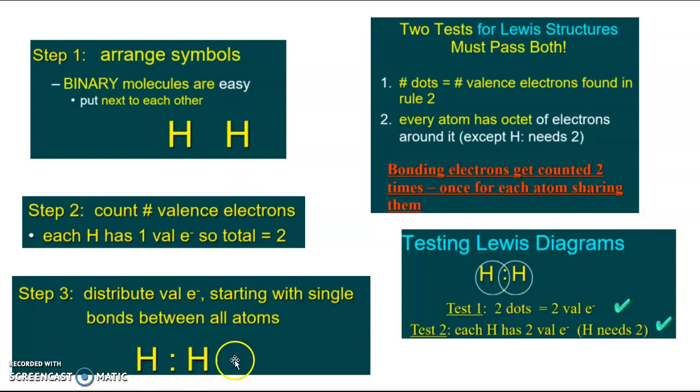Then it passed the first test. Let's see the number 2. Every atom has the octet of electrons around it, or the duet rule. Well, in this case, they get the duet rule. Then it passed the second test. These are the two tests that you have to prove in order to say that the representation for the molecule is fine.